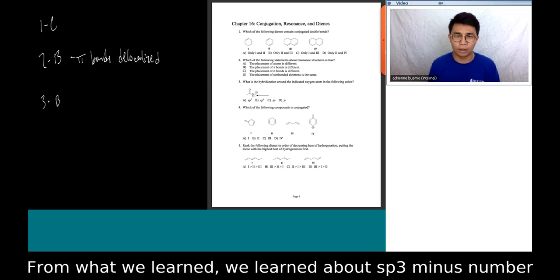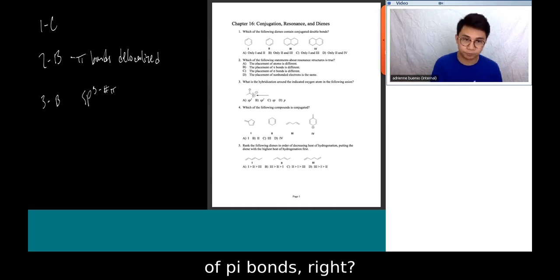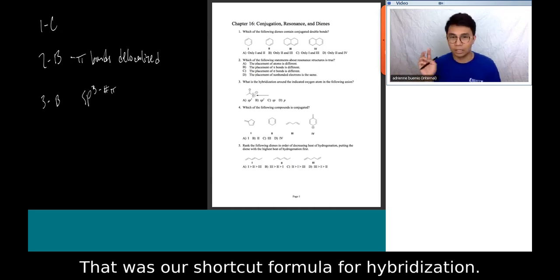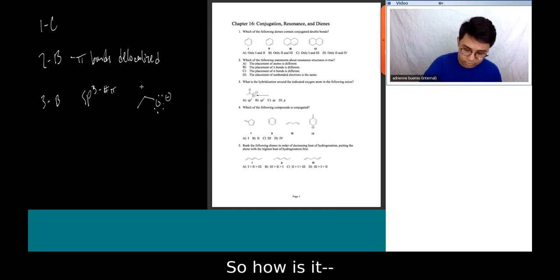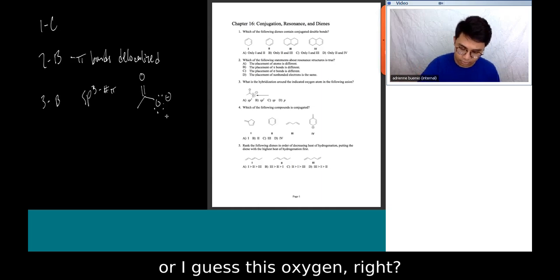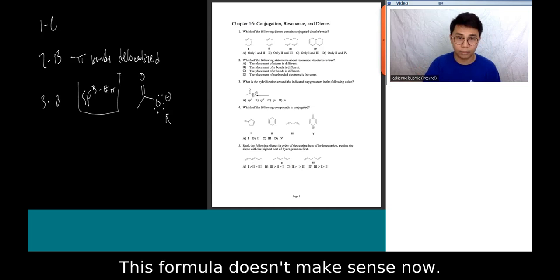From what we learned about sp3 minus number of pi bonds, that was our shortcut formula for hybridization, right? And this structure doesn't have any pi bonds. So how is this oxygen sp2 if it doesn't have any pi bonds? This formula doesn't make sense now.